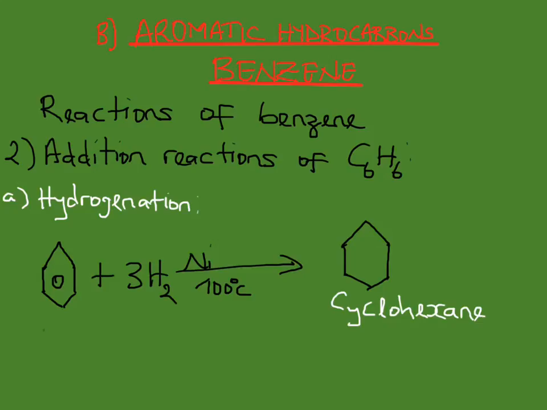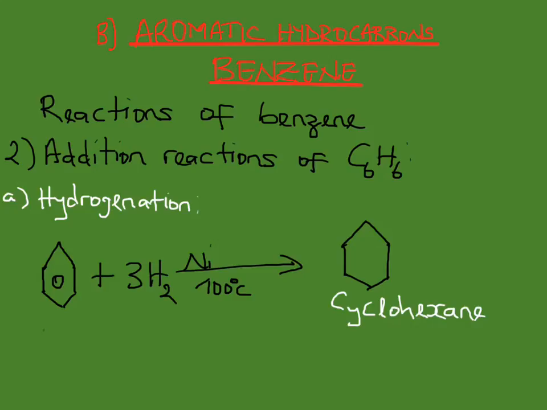A mixture of hydrogen and benzene vapor, when passed over nickel at 150 degrees Celsius, reacts to produce cyclohexane. Like you can see there, that's cyclohexane.